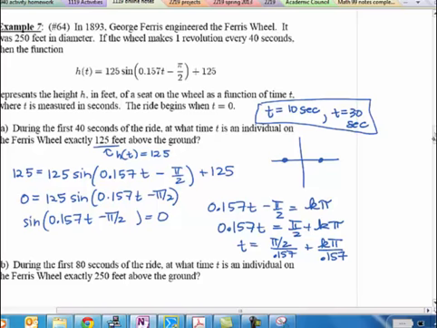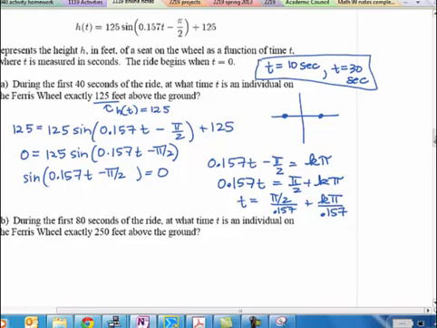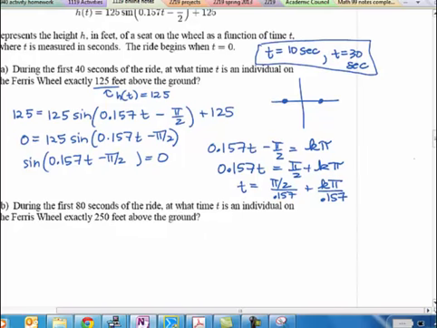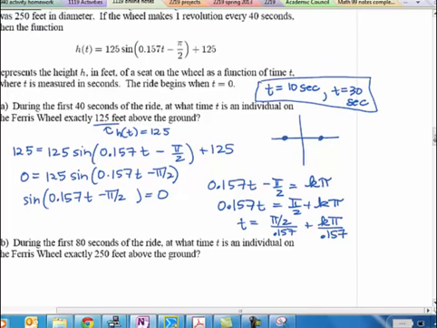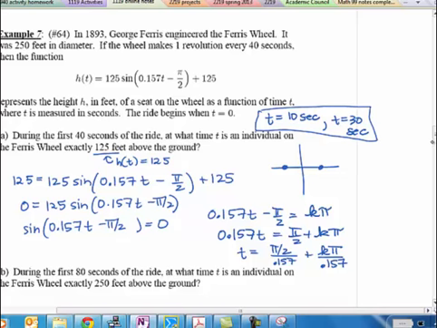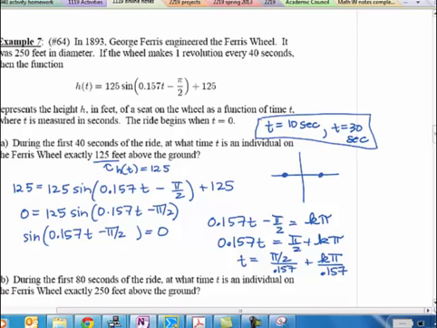And then the second part is asking us, during the first 80 seconds of the ride, at what time t is an individual on the Ferris wheel exactly 250 feet above the ground. Let's think about this one a slightly different way than we did the last one. Let's think about this graph.